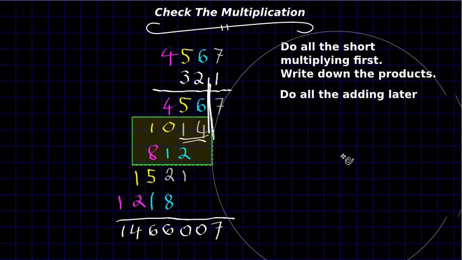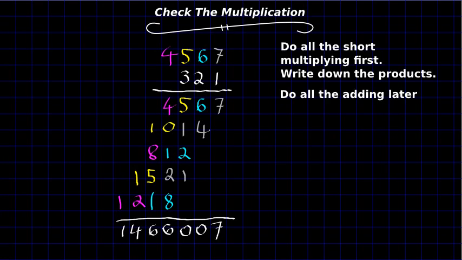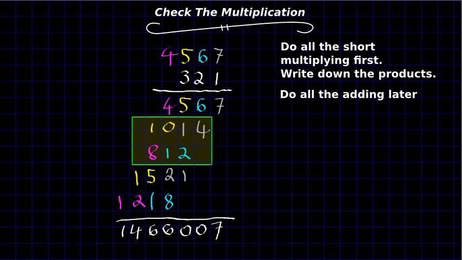That has the nice property that it allows you to check some subset of the work without having to check every bit of it. That makes the checking more efficient. Also, it allows you to check things in reverse. If you got curious about this 10, wonder where that came from, well, it's part of this second block, so it has to involve this, and it's the third product within the block, so it has to involve this, so that checks.